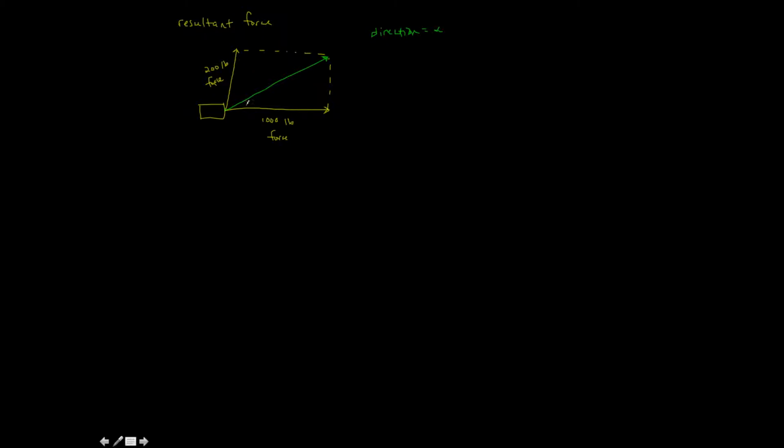This will be the direction the stone is tugged because of the force of the farmer and of the horse, and the magnitude of this particular vector, we'll call it B. The magnitude of B will be the force at which we're moving it. So let's find the magnitude and let's find the direction.